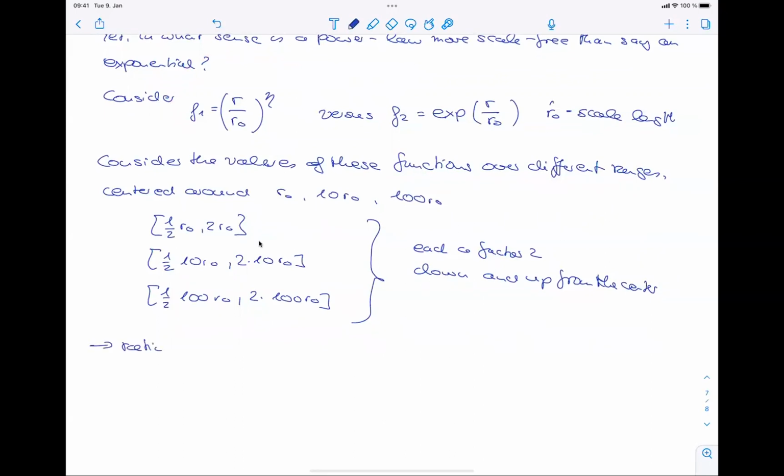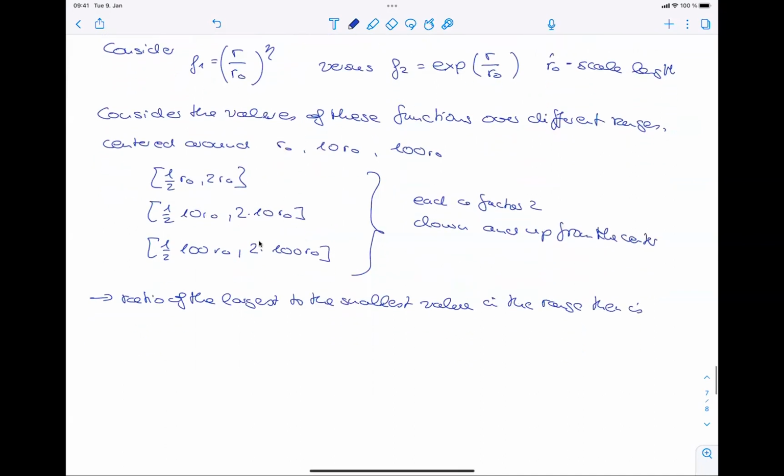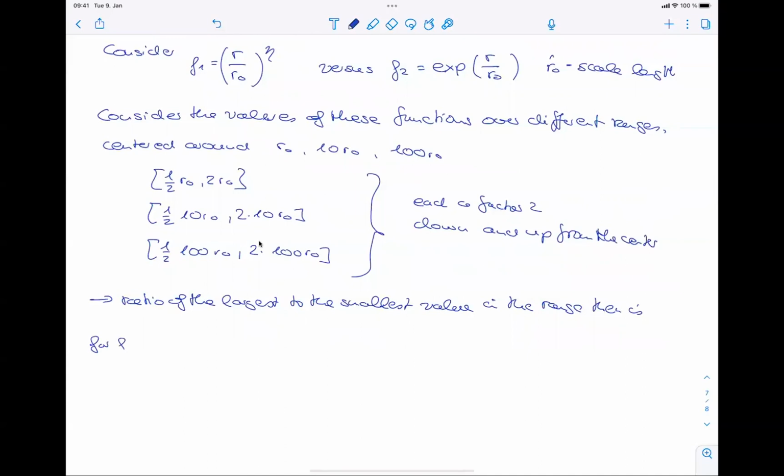So the ratio of the largest to the smallest value in the range then is, for f2, for the exponential, we plug in 2 R0 for the upper limit of our range, so that gives an exponent of 2, and then the lower range, which gives an exponent of a half.